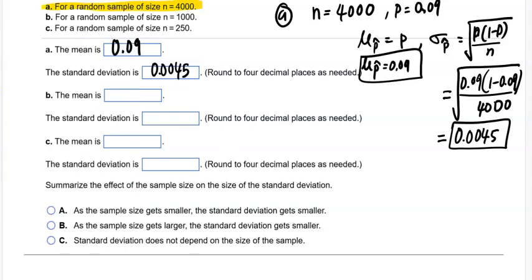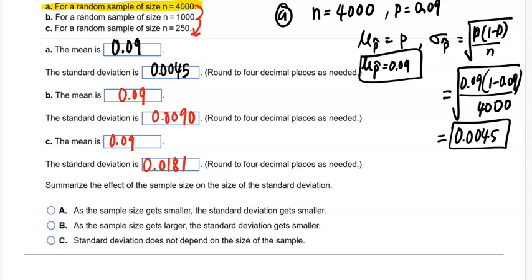For part B, 0.09 is the mean, exactly the same as p, and the standard deviation is 0.0090. For part C, the mean is again 0.09. The standard deviation is 0.0181.